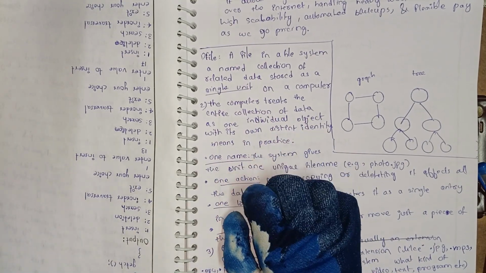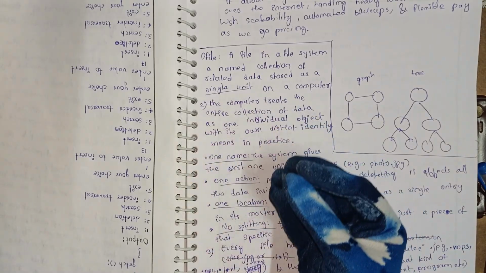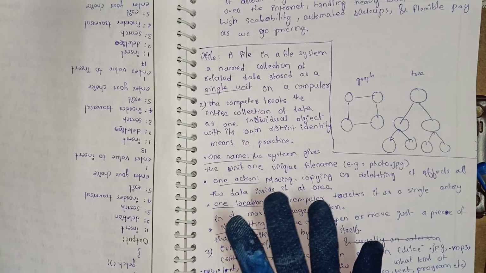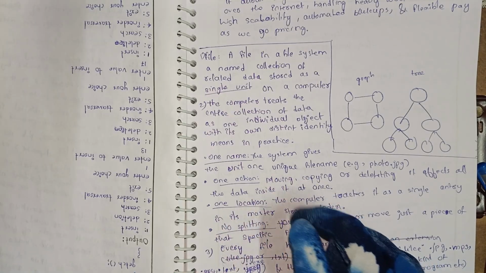Related data means how the different pieces of data are logically connected to each other.